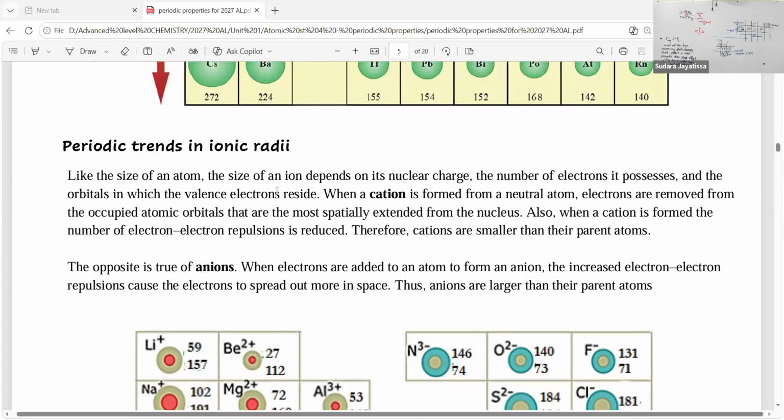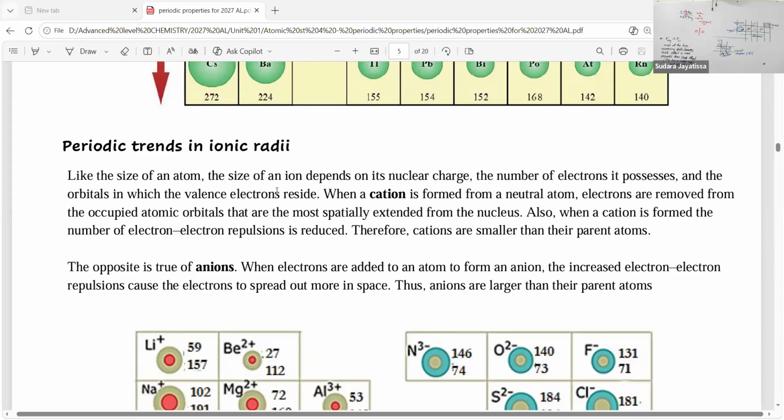Let's read it. The size of an ion depends on nuclear charge, the number of electrons it possesses, and the orbitals in which the electrons are residing. Okay, so they have given you three factors. Underline them separately and put 1, 2, 3.